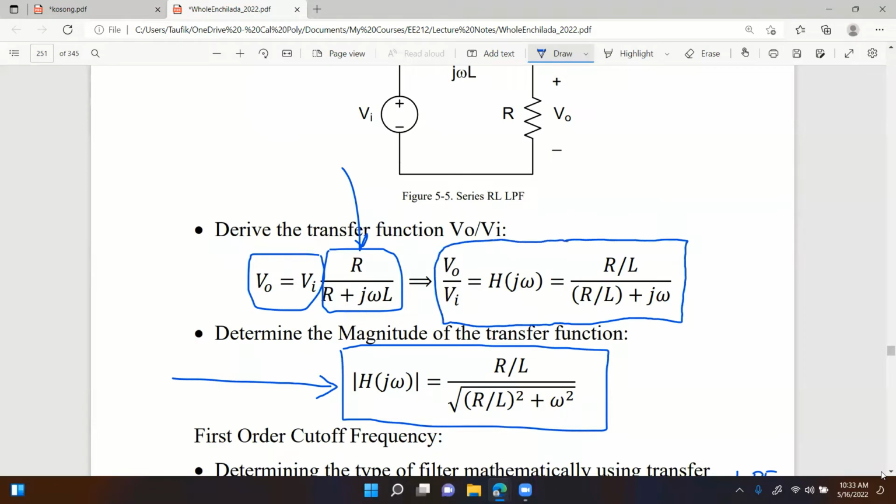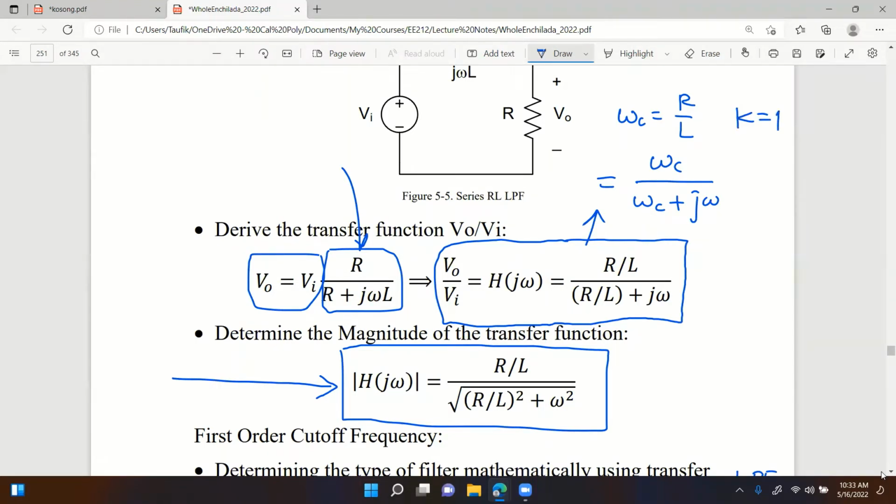Now you know, because we just found out that omega C for our circuit is R over L. You see this equation? If I write the equation in terms of cutoff frequency, this equation becomes omega C over omega C plus j omega. See that? So it follows the general equation for a low pass filter. And of course, K again is equal to 1.